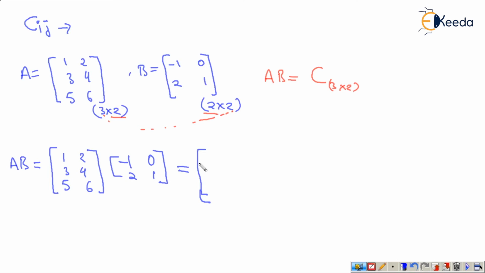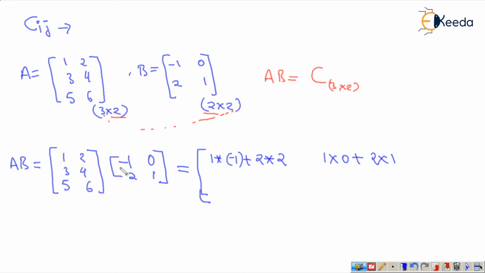So this is 1 into minus 1 plus 2 into 2. Again for C12, 1 and 2 should be multiplied with 0 and 1. So 1 into 0 plus 2 into 1.